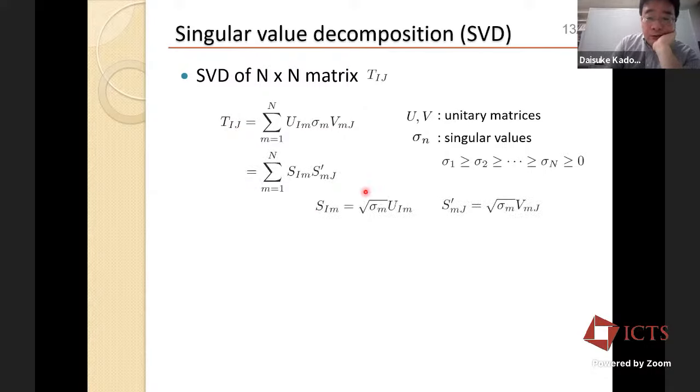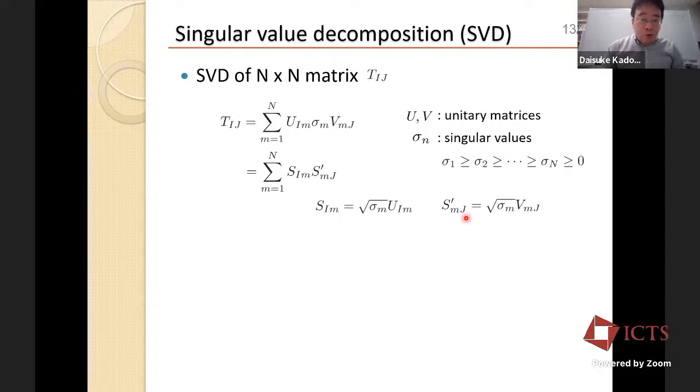And using these two matrices S and S prime, this decomposition can be written in this form, absorbing singular values into the definition of S and S prime.